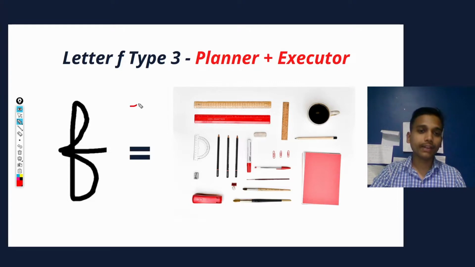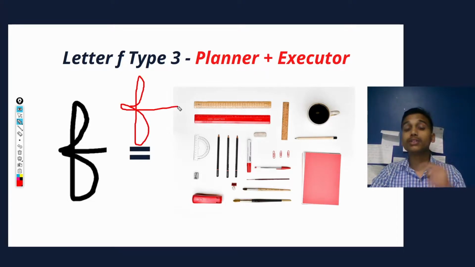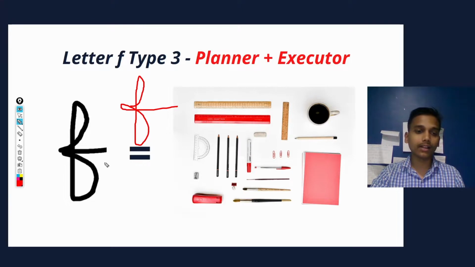Now you will find different types of F as well. For example this F, as we have studied earlier in the intro, the writers who have this type of F are people who have very good consistency and they don't give up easily and keep going, even after multiple failures. So this one too matters. Let me just show you.